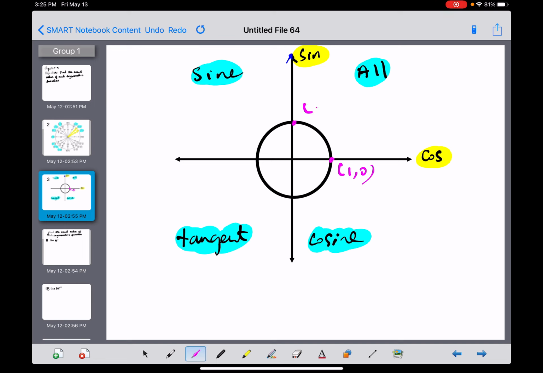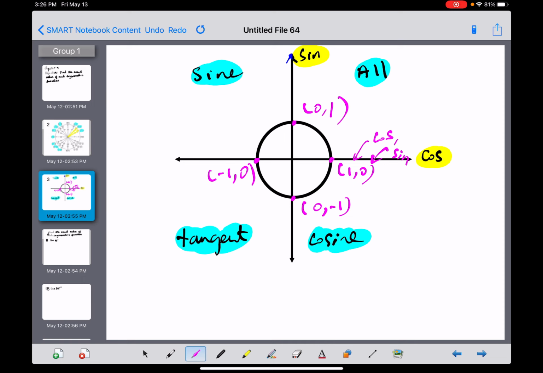This point is (0, 1). This one is (-1, 0). And this one right here is (0, -1). It's important you have this slide on your paper. And keep in mind that the ordered pair is cosine, sine. Okay?